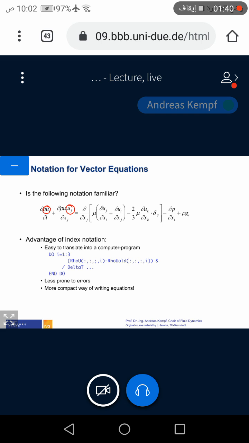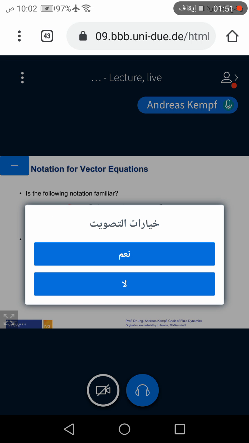I need to change my screen a bit for doing that. Okay. So, please answer now. Who has seen this notation before? Yes means yes, you have seen this notation. No means you have never seen it before. You don't know what it is. I have answers now from half of the class. I'm still waiting for the other half. So, have you seen this type of notation or not?